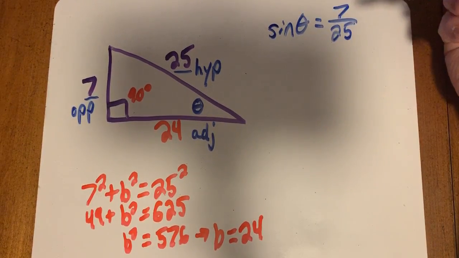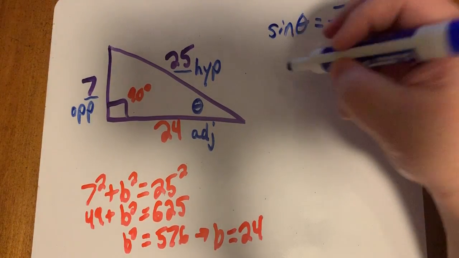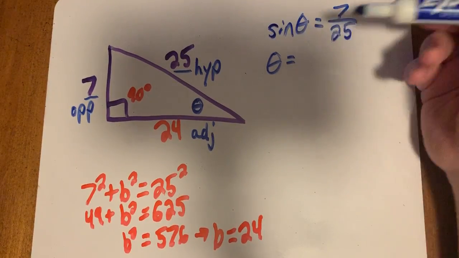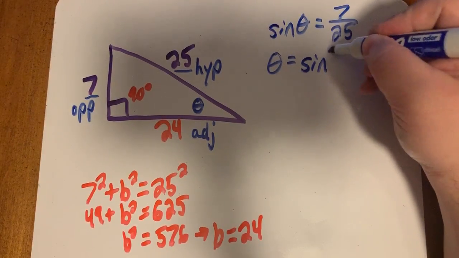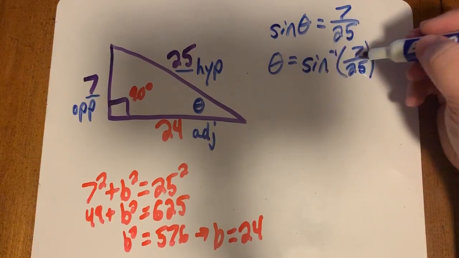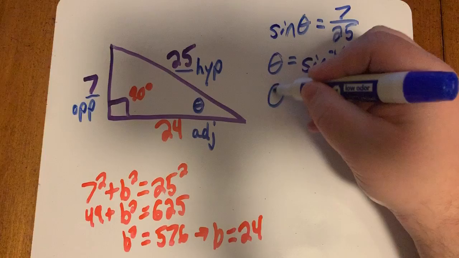So now we want to solve for theta. To undo sine, if you think back to when we first covered this, you need the inverse operation of it. That's sine inverse. So theta equals sine inverse of 7 over 25.